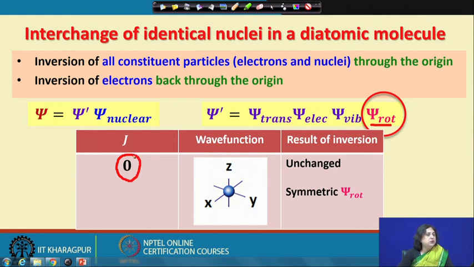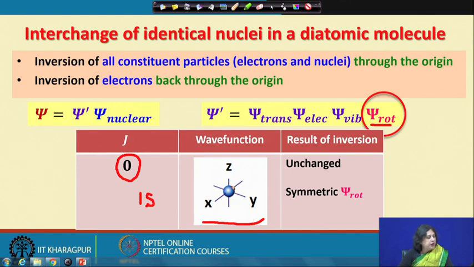When j is equal to 0, the symmetry properties of the wave function is like the 1s orbital of the hydrogen atom. And in this case, we have shown you what happens to the s orbital when this is the direction of x axis, this is the direction of positive y axis, and this is the direction of z axis.